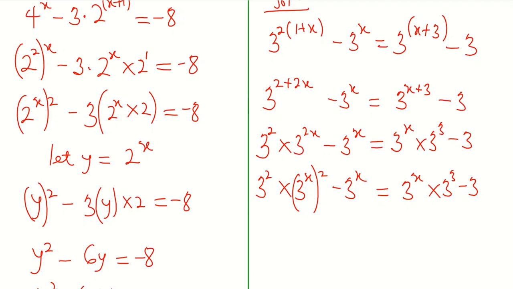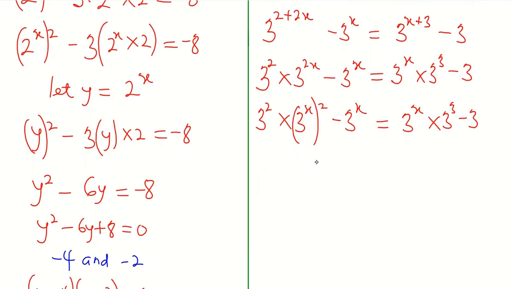I know there are a lot of 3's, but if we follow and are consistent with it, we can differentiate the 3's. Now we have a common base and exponent here, and so we can let y be equal to this common base and exponent.